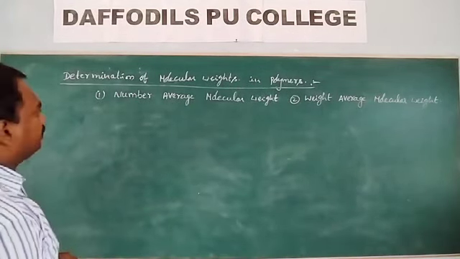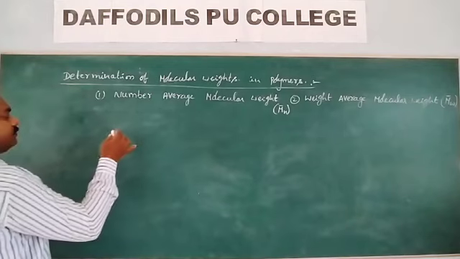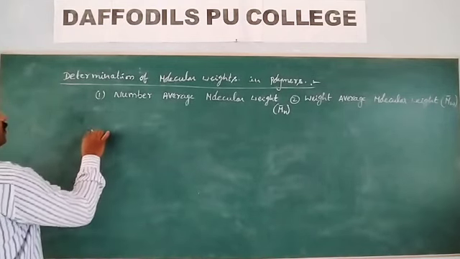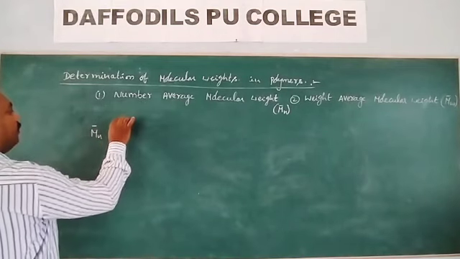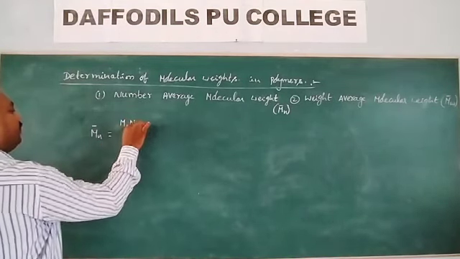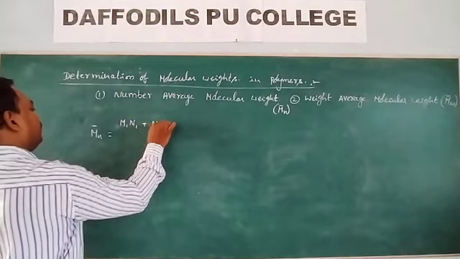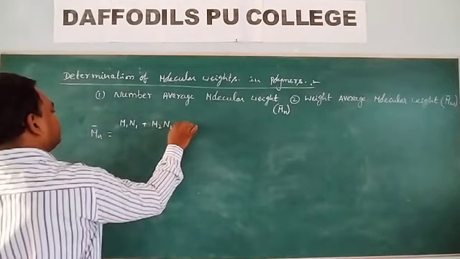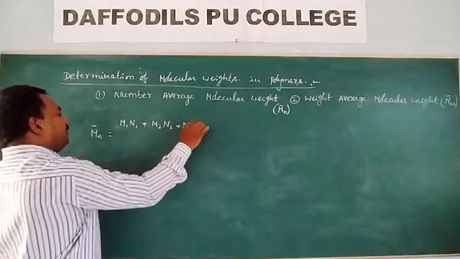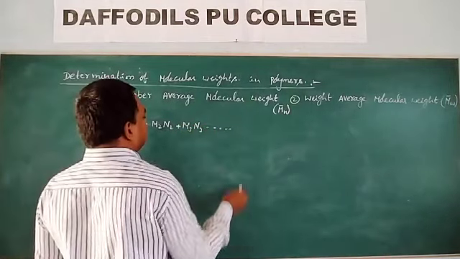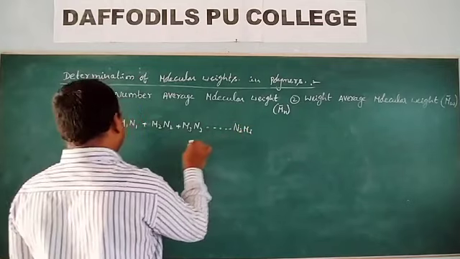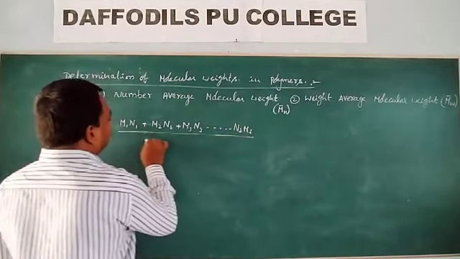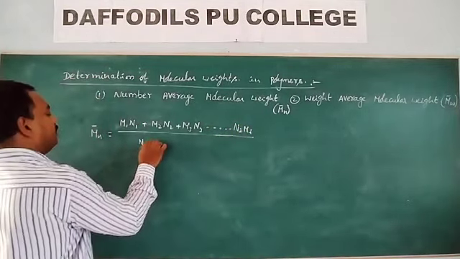So what is this number average molecular weight? The formula for number average molecular weight is M1 N1 plus M2 N2 plus M3 N3, and so on, up to Mi Ni, divided by N1 plus N2 plus N3, and so on.